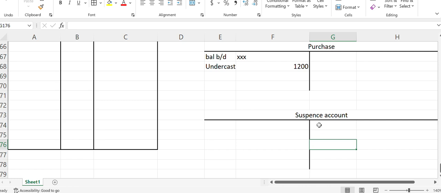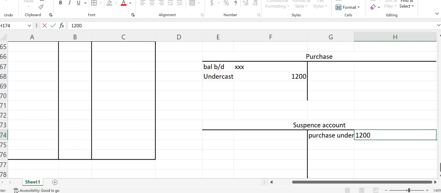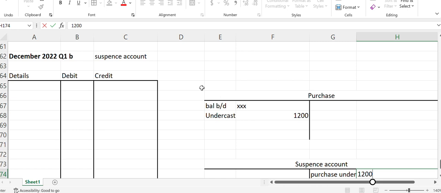So we are going now to say purchases undercast here. That is what made it not balance, the first one, undercast by how much? 1200. So now the ledger account simply shows you what is going on. We have debited what? Purchases account with 1200.